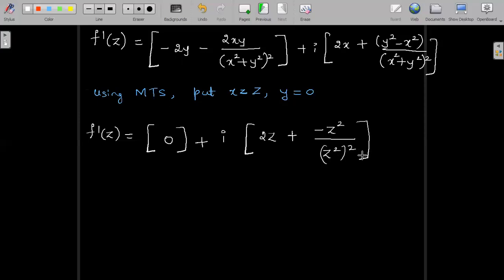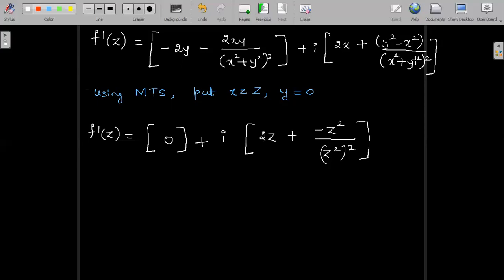Let's check it out. We have y equal to 0 everywhere. So since y is 0, this is 0 and the second term also becomes 0. So the entire real term becomes 0, plus i into the imaginary term, which is 2z. x is equal to z, we are substituting. So 2z. Then y is 0, so 0 minus z square is minus z square divided by z square the whole square.